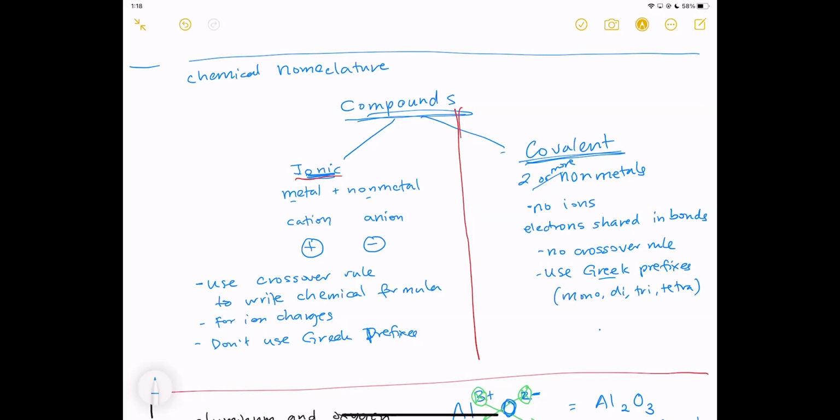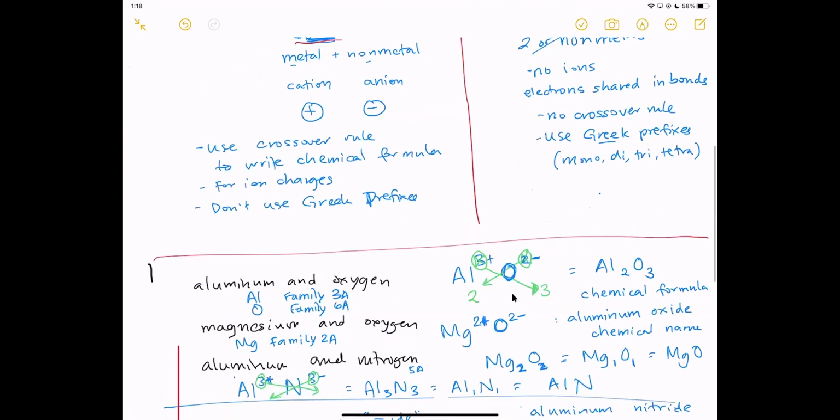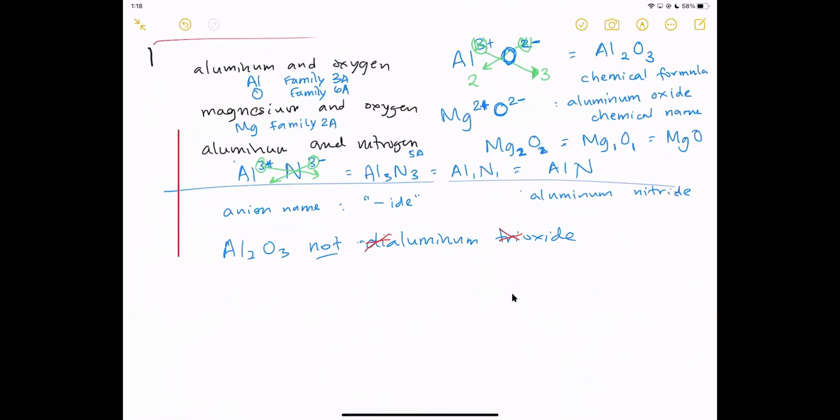So let's take a look at one of those. Covalent compounds are totally different. Covalent compounds are 2 or more nonmetals, and so you better not have any ions. So no ions, no Roman numerals. This is an example, CO2.